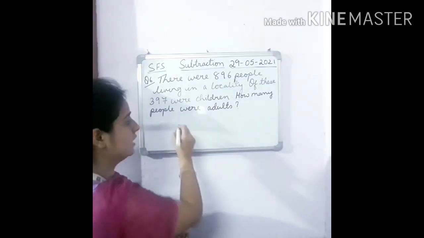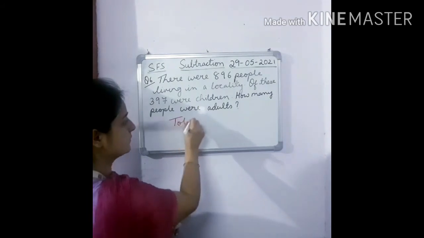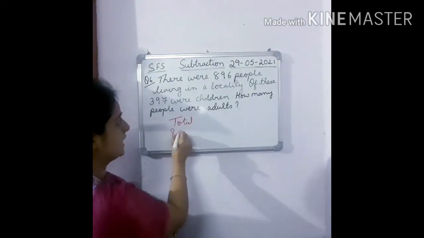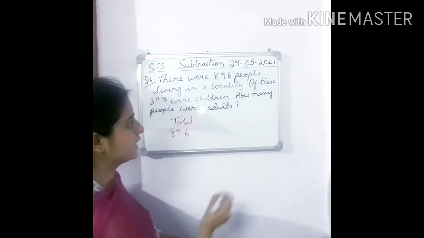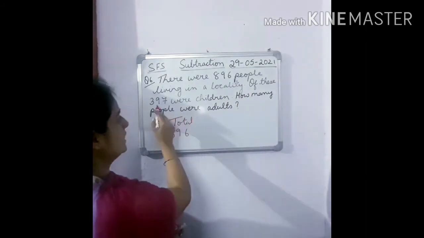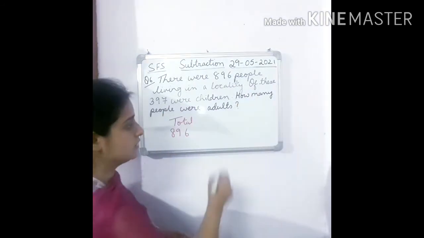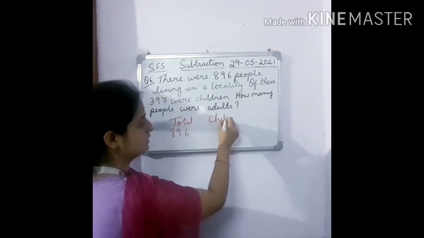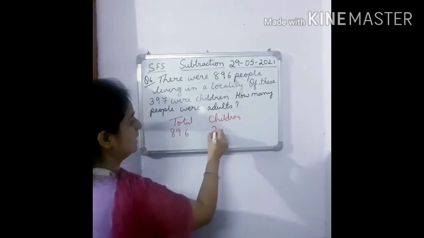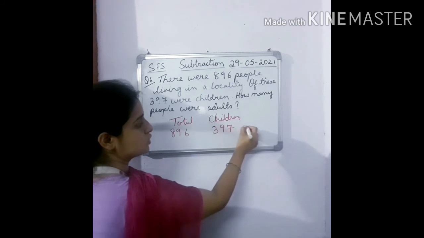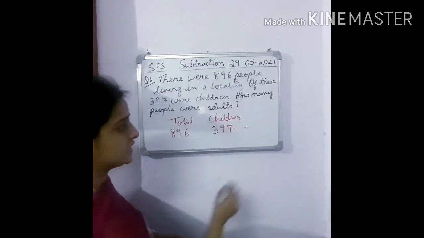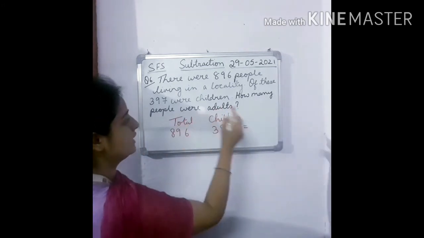Total. Total, how many are there? 896. Okay. Of these, 397 were children. So children, how many are there? 397. So what are we supposed to find? Let's see. How many people were adults?